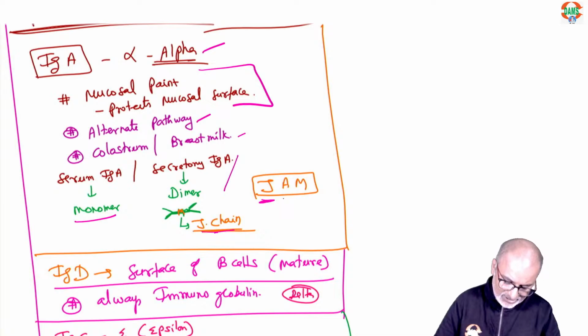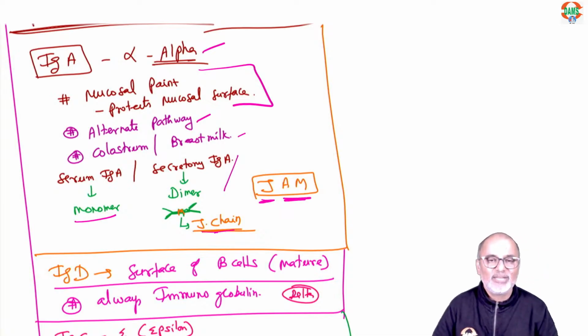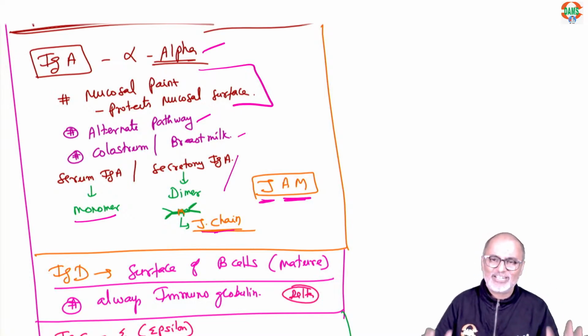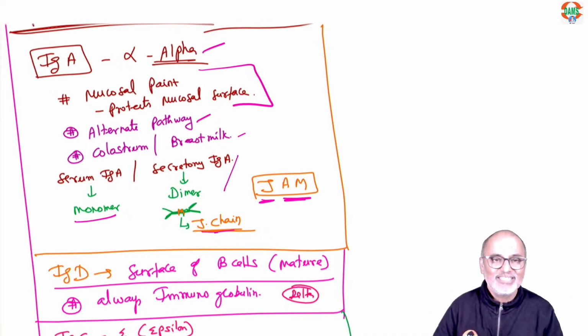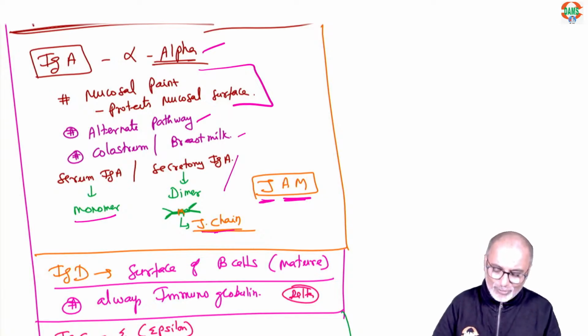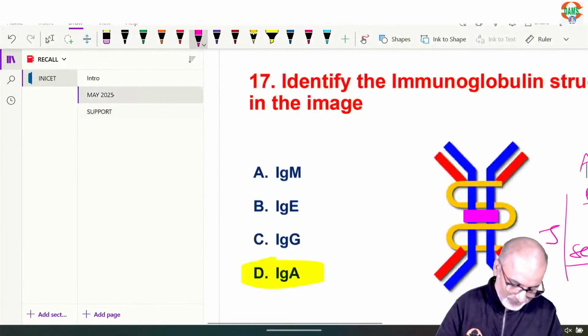So J chain seen in A and M. Secretory IgA and M. JAM is the mnemonic. Just 4 to 5 points, not much. If I'm teaching IgA in 10 pages or 3 pages, I say this point is there. That is not a surprise. 4 to 5 points because it's a key point.